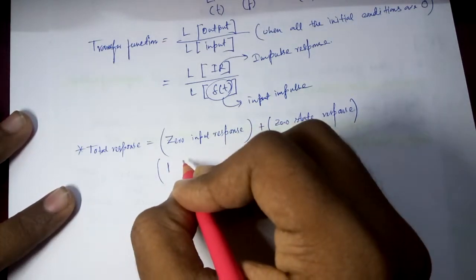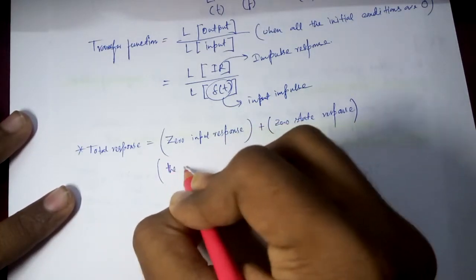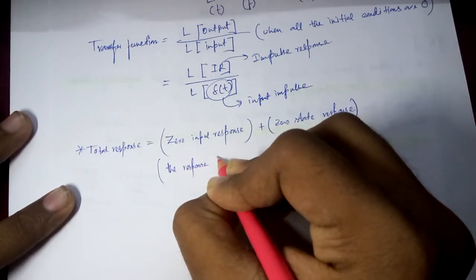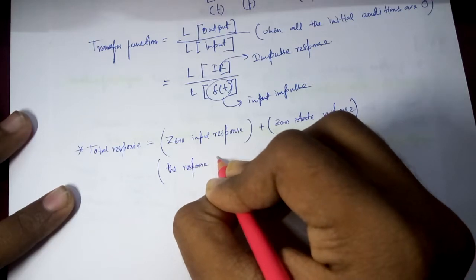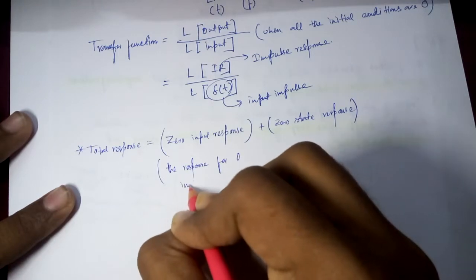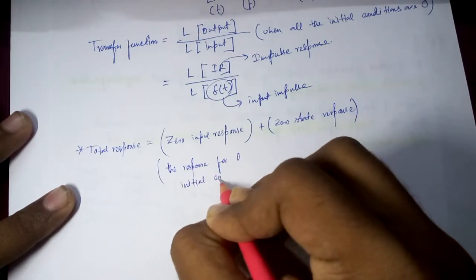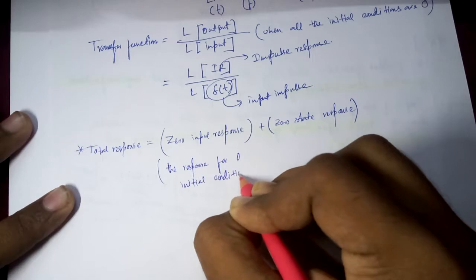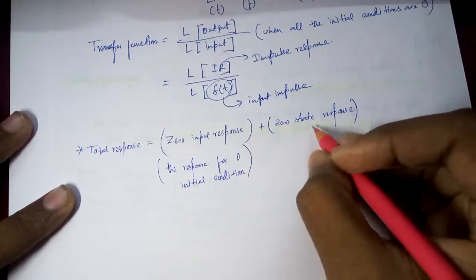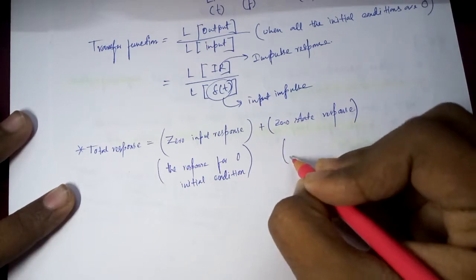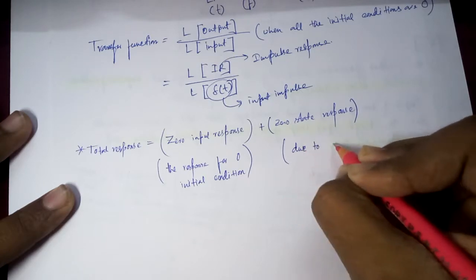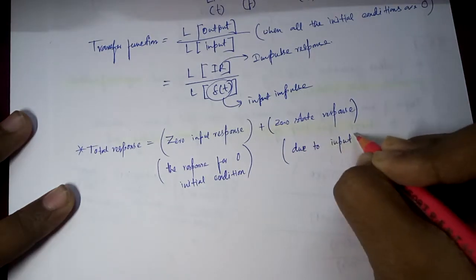Zero input response is the response for zero initial condition, and zero state response is the response due to input when the initial condition is zero.